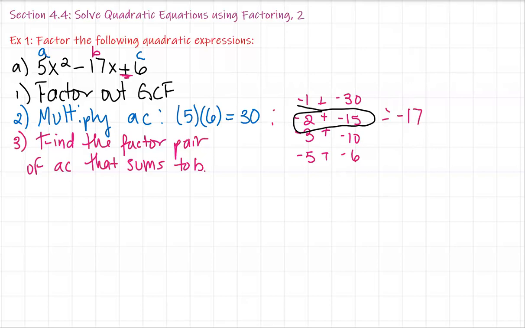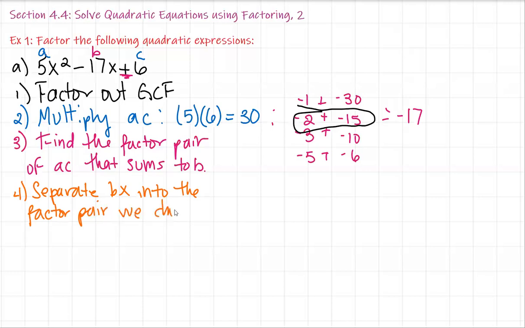All right, step 4. Here's kind of this step you might not be familiar with. It's very new from what we were used to. We're going to separate bx into the factor pair we chose.